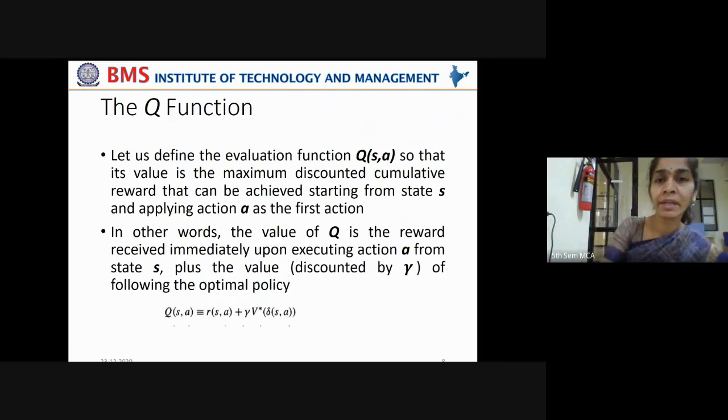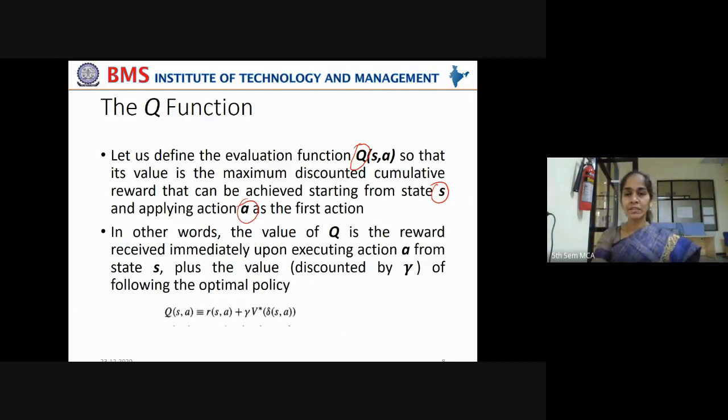Now let us define the evaluation function Q of S, A, which is calculated at a current state S, and what action it can take from that state, so that its value is the maximum discounted cumulative reward that can be achieved starting from state S and applying the action A as the first action.